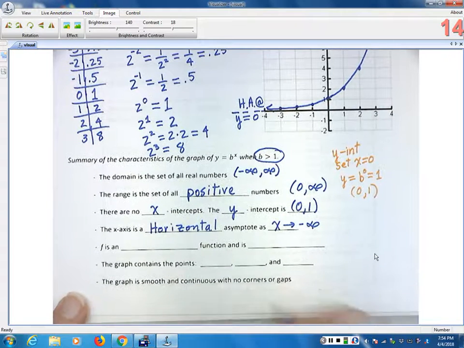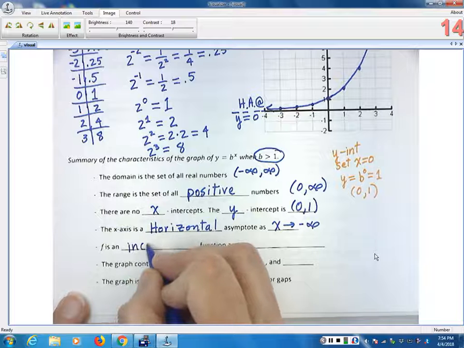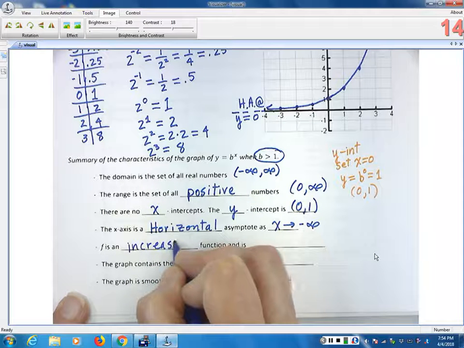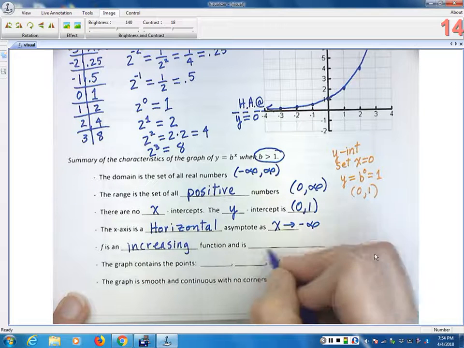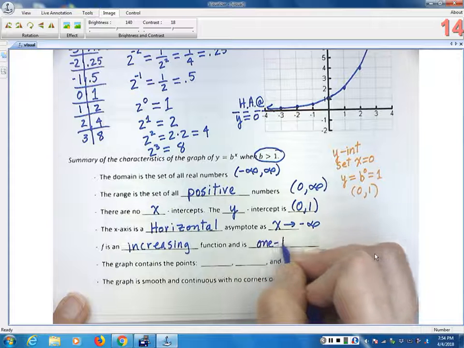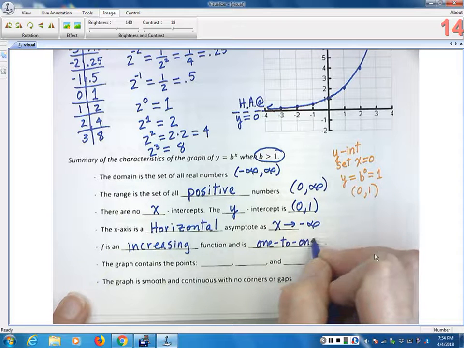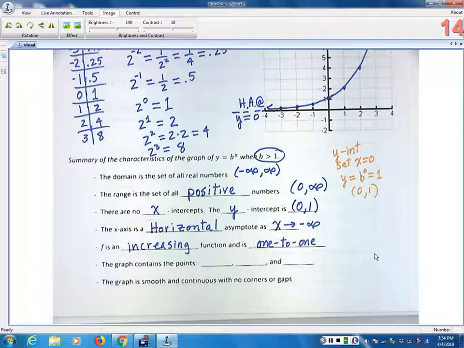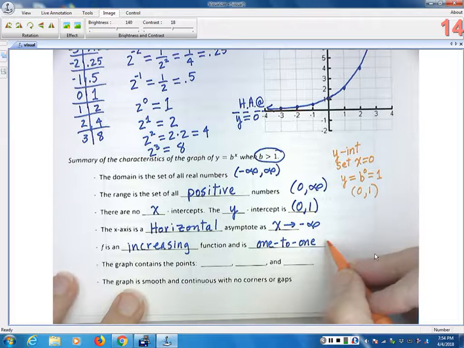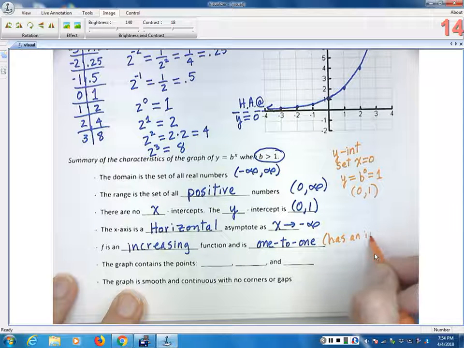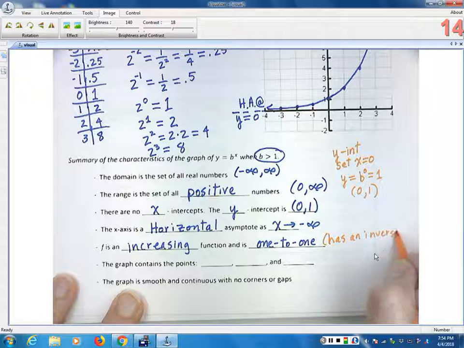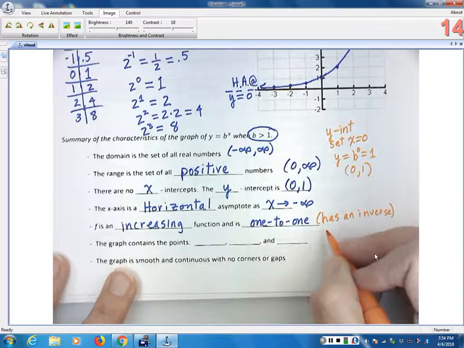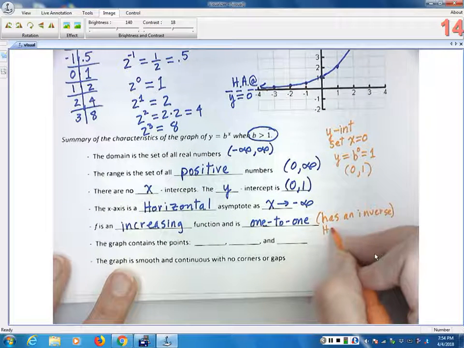F is an increasing function and is 1 to 1. What does 1 to 1 mean? It means it has an inverse. And we can check that with the horizontal line test.